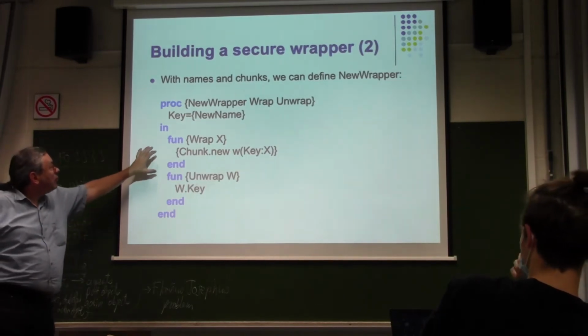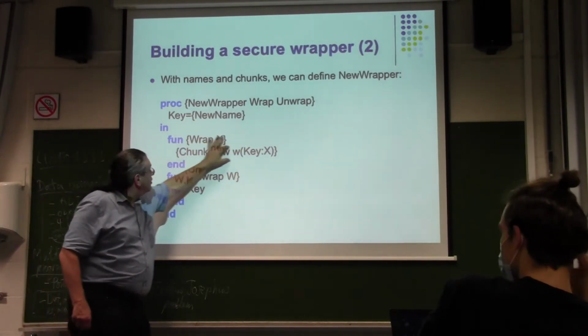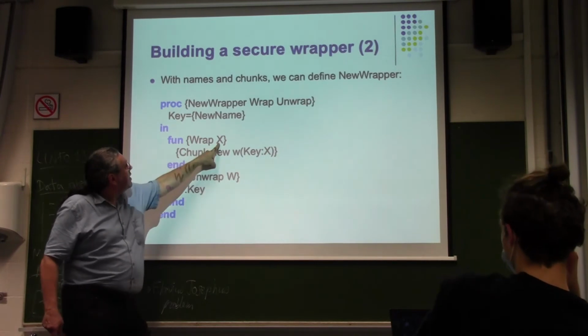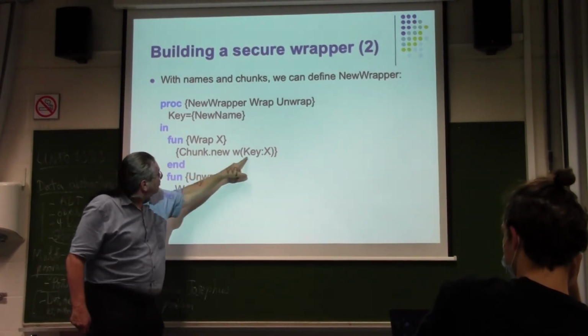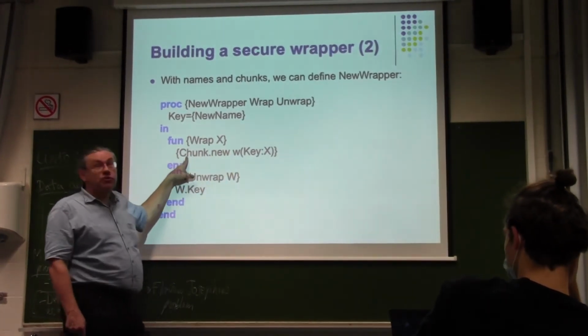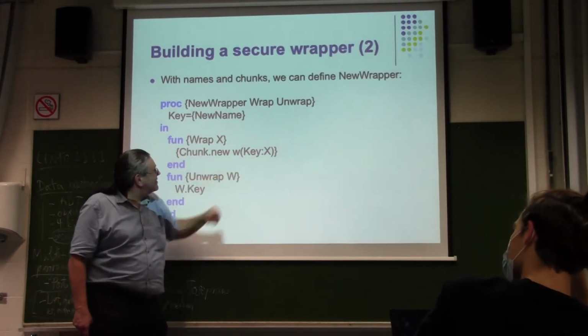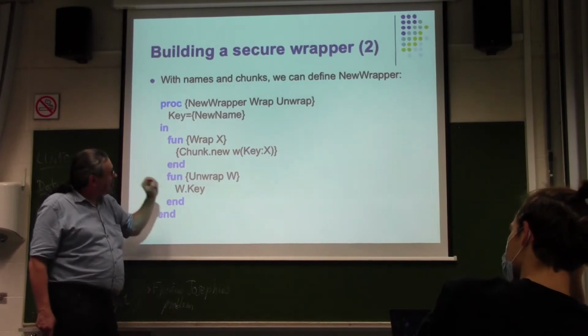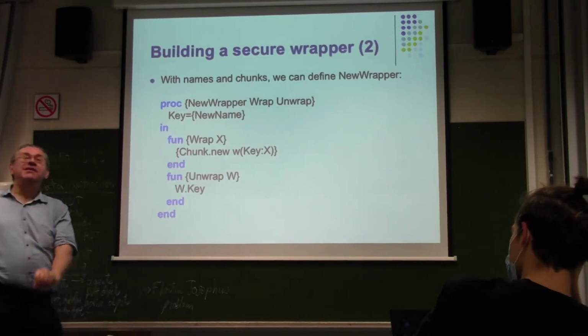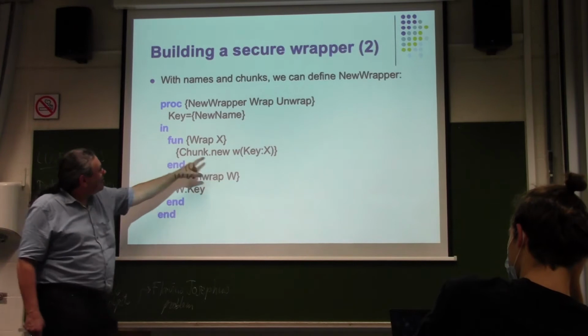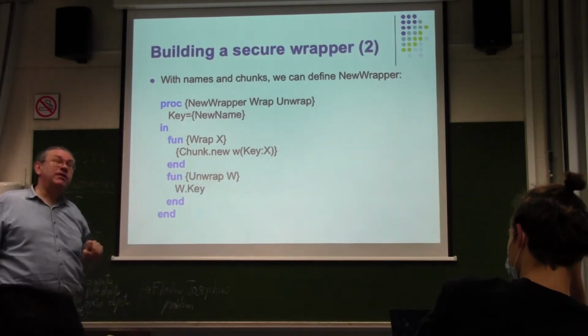But this is very simple, it will only do the wrap. So basically I take X, I put it inside a record, and I convert it to a secure record. So the only way to access X is to do the chunk dot key. So the only way to get back the X is to know the key.